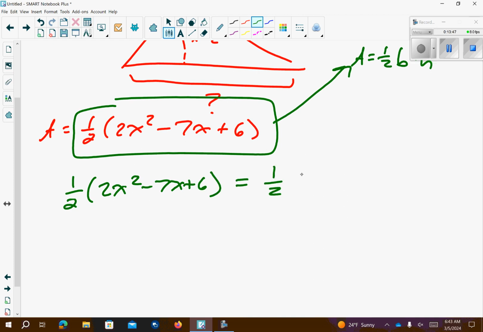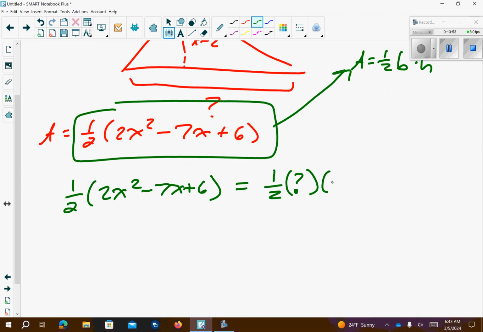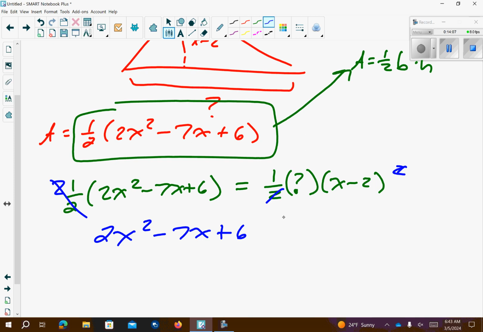I don't know the base, so we'll make that a question mark, times height, which is x minus 2. Let's see. I can multiply both sides by 2, and that's going to cancel my fraction. That's going to give me 2x squared minus 7x plus 6. The halves canceled out. So then I have this question mark times x minus 2.